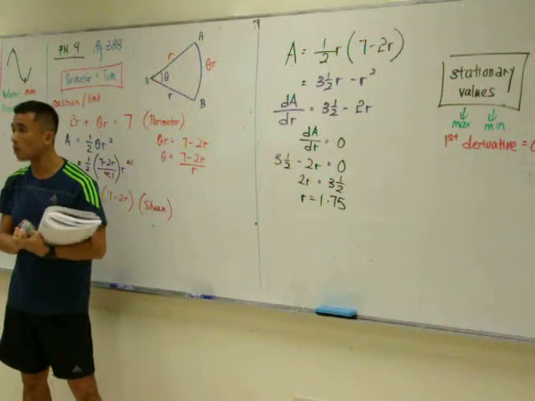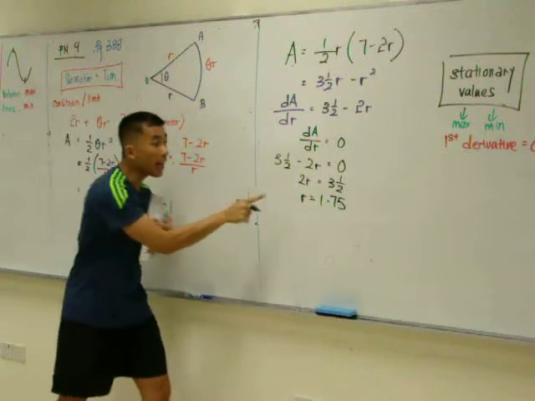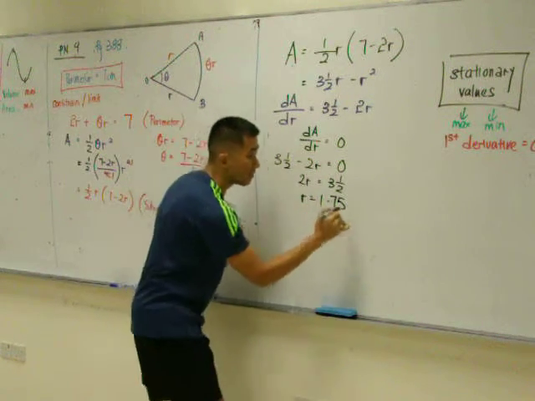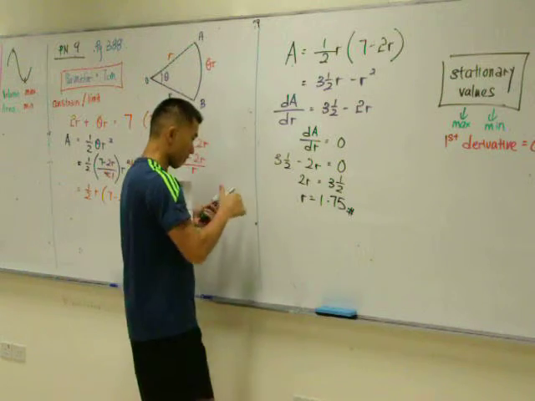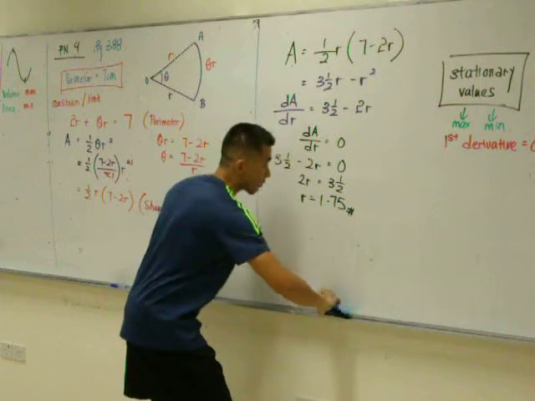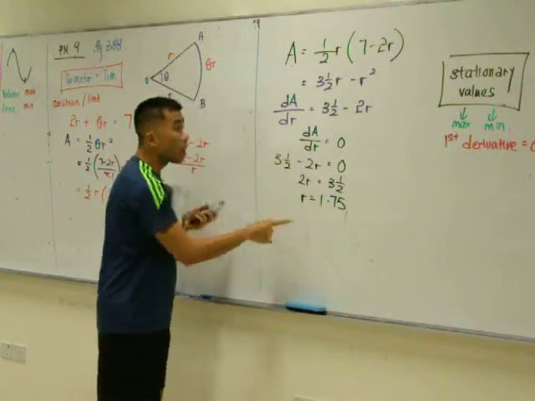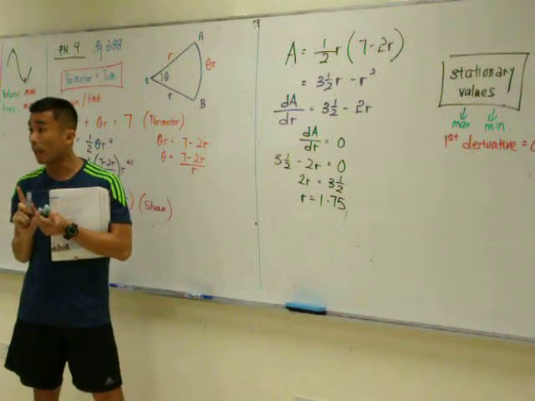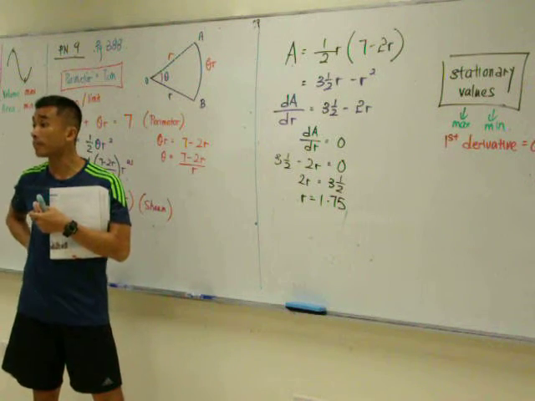What does this tell you? When the radius is 1.75, oh sorry, they say find maximum area. When the radius is 1.75, will you tell it's maximum or minimum?